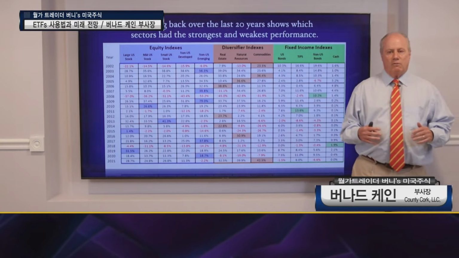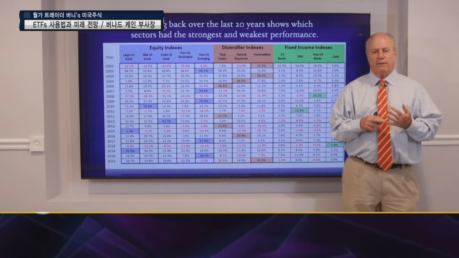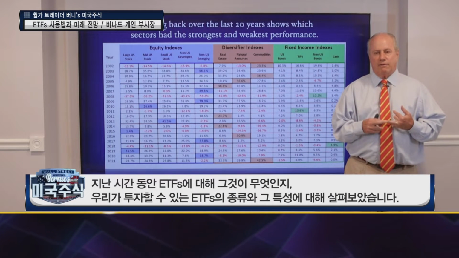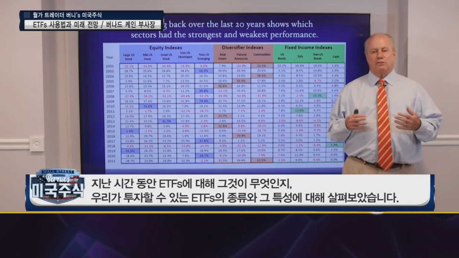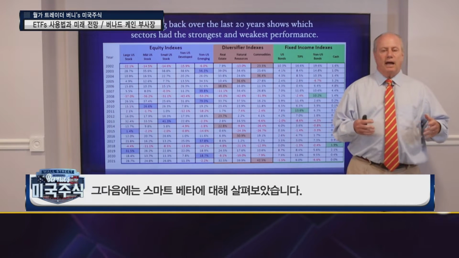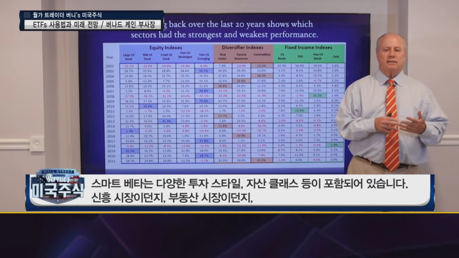So far what we've done, looked at ETFs, we've identified what they were, we've identified the different types of ETFs we can invest in, so we know the characteristics, we know the kinds of ETF investments that we can do, and then we looked at smart beta, which is inside of all those different investment styles, asset classes, different things like that.